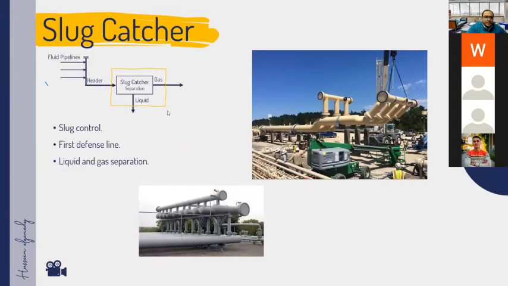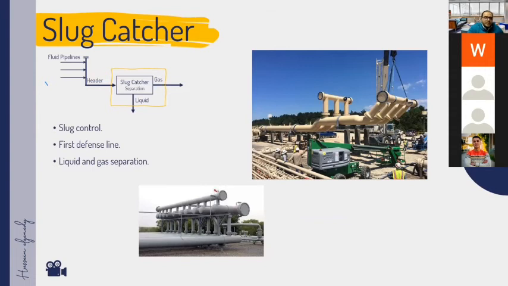The first unit in the plant is the slug catcher. What is the importance of the slug catcher? The slug catcher acts like a slug control. Sometimes, due to choke up and choke down of the wells, we receive slugs of water or slugs of liquid, which we cannot handle with normal separation.